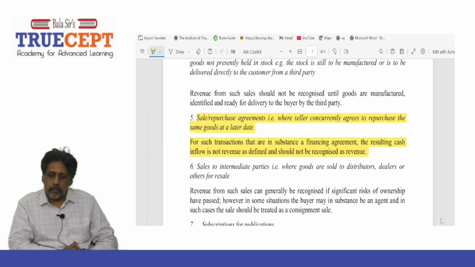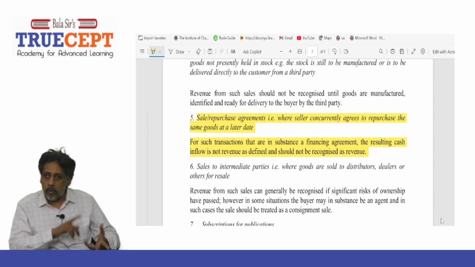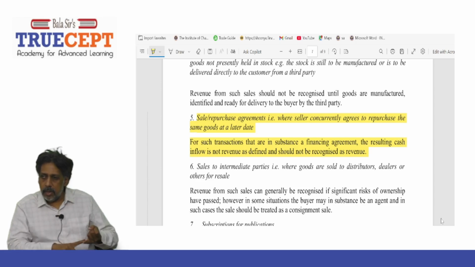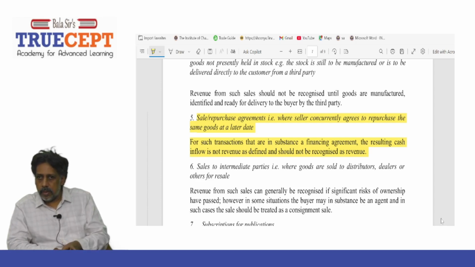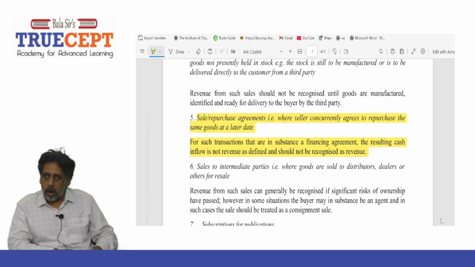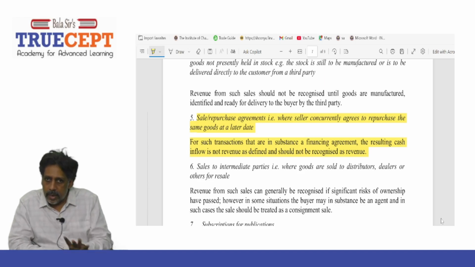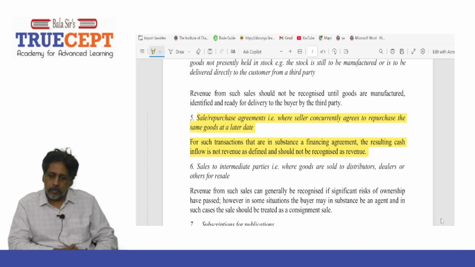Sale or repurchase agreements, that is where the seller concurrently agrees to repurchase the same goods at a later date. Who's the seller? Moon Limited. Concurrently agrees to repurchase the goods. In this case, you are going to sell the goods for 9,60,000 and repurchase the goods for 10,80,000. For such transactions that are in substance a financing agreement.